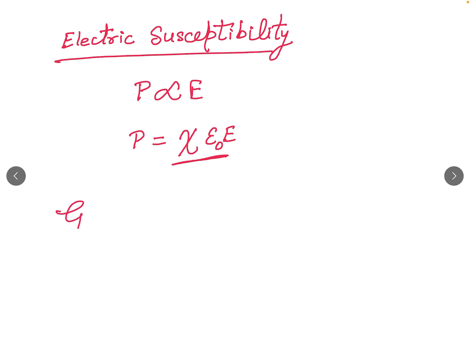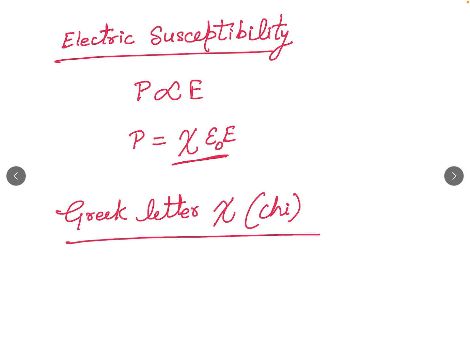This Greek letter chi is the dimensionless proportionality constant.